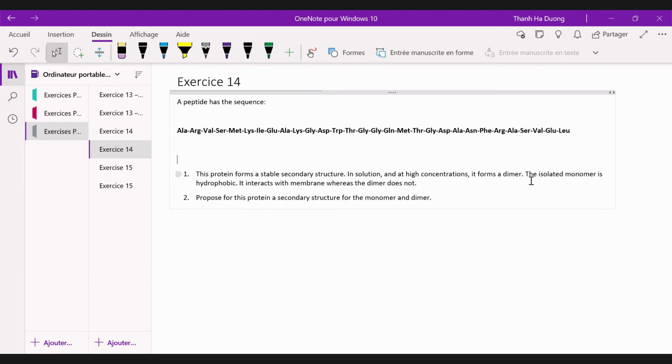It means that the dimer has no hydrophobic surface. So you have to propose for this protein a secondary structure for the monomer and the dimer.